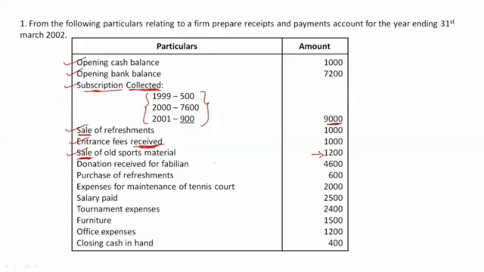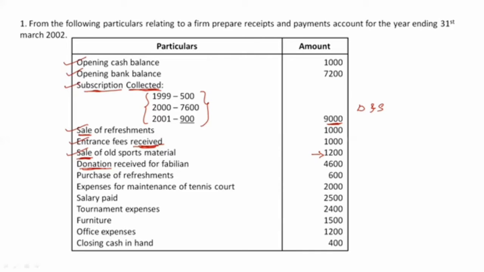Then come back to question. Now we have donations received for pavilion. One specific purpose we are receiving the donation here. While explaining the concept, I told you that donation is the main source of income of an NPO. Donations and subscriptions, or you can say charity or membership fees, these are the main sources of income for an NPO.